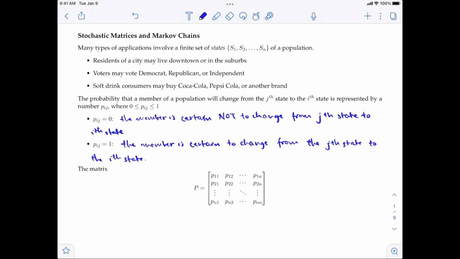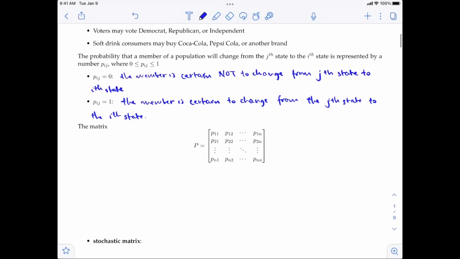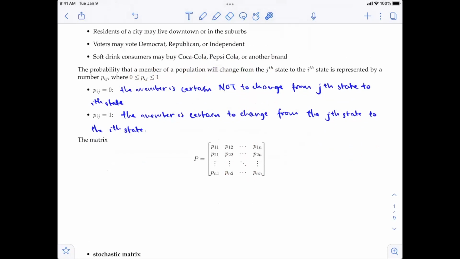Okay, and because we may have multiple states in the populations, anytime you define a probability, you can put that probability into a matrix, right? And it can be defined as follows. So this is the n by n matrix, right? We define as follows. For the rows, it's going to be the state that you start with, right?